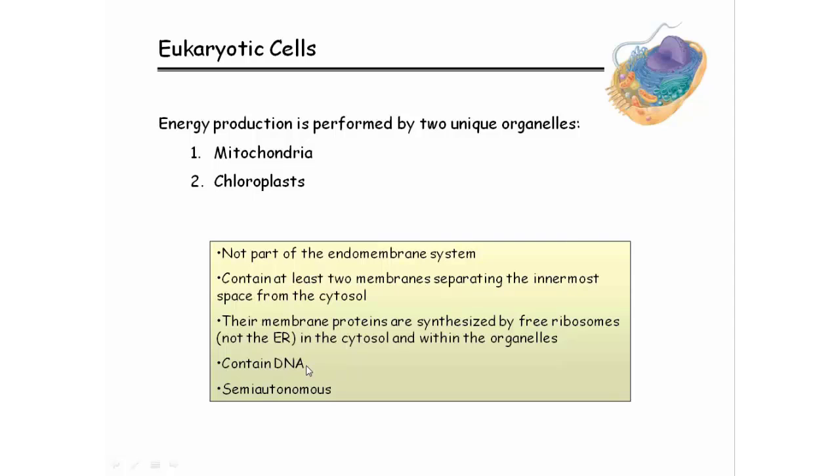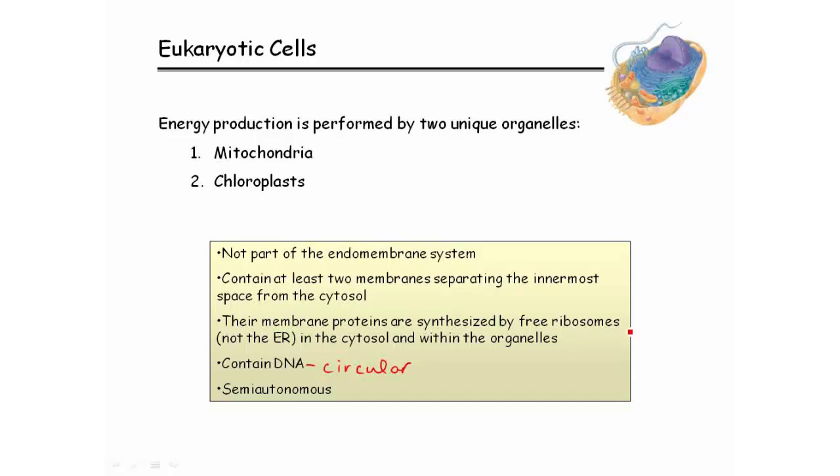And these are thought to have once been a prokaryotic cell. Because they are thought to have been prokaryotic cells, it should not be surprising that this DNA that we find inside here is going to be circular. So it's going to be similar in shape to what we found in the prokaryotic cells.